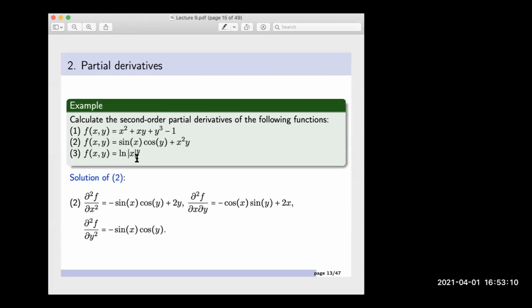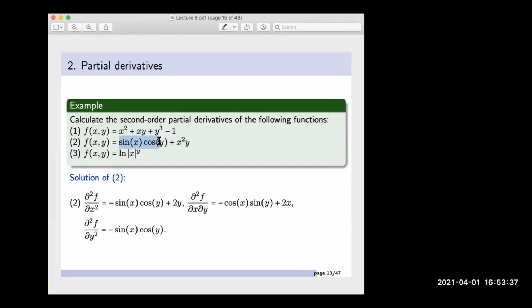If you look at the second question, if you want to compute the second order partial derivative in x, you need to take a partial derivative in x twice. If you take one partial derivative, you get cosine x cosine y for this part, and 2xy for the second part.